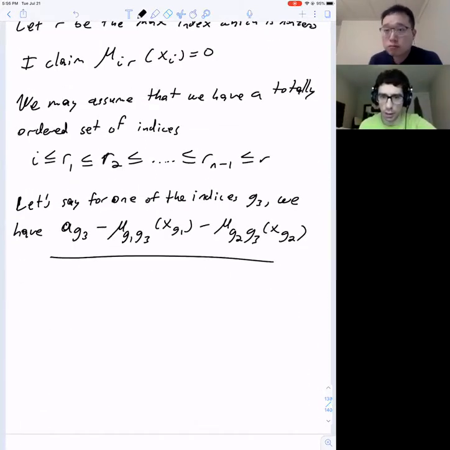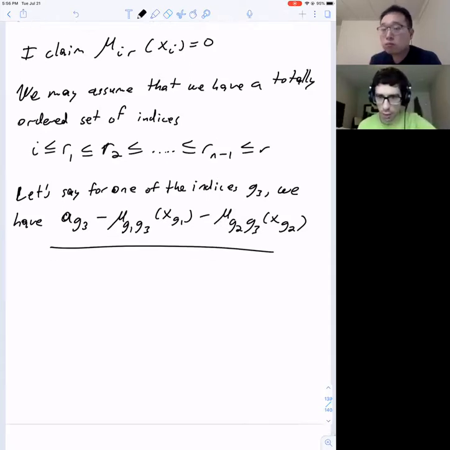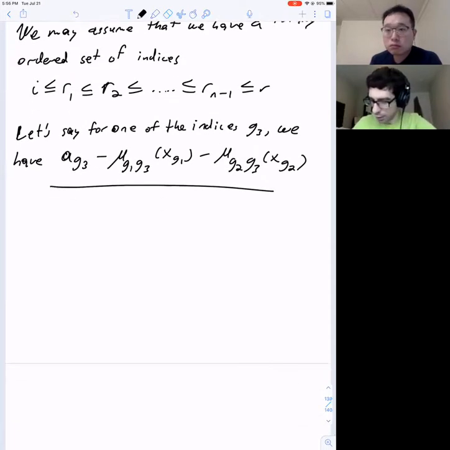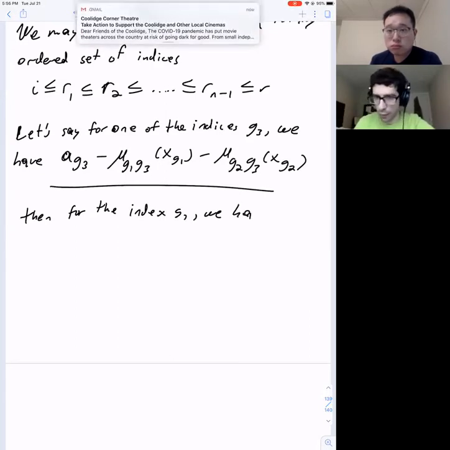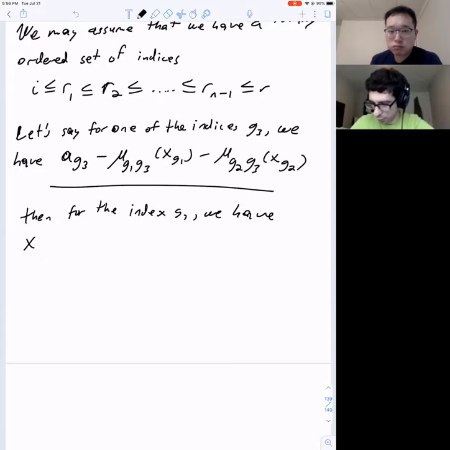So then for the G1 index, we have that XG1 must be 0.